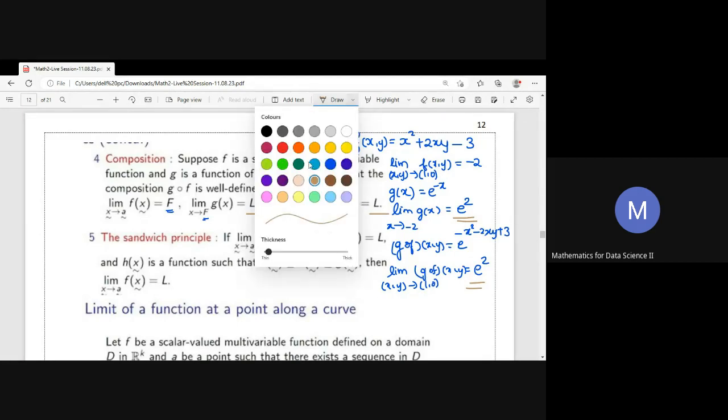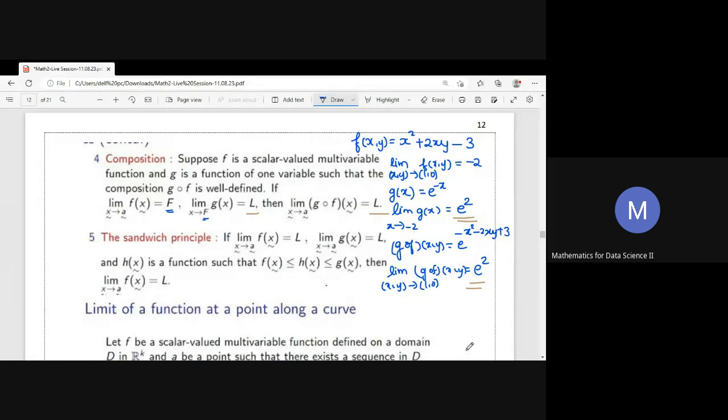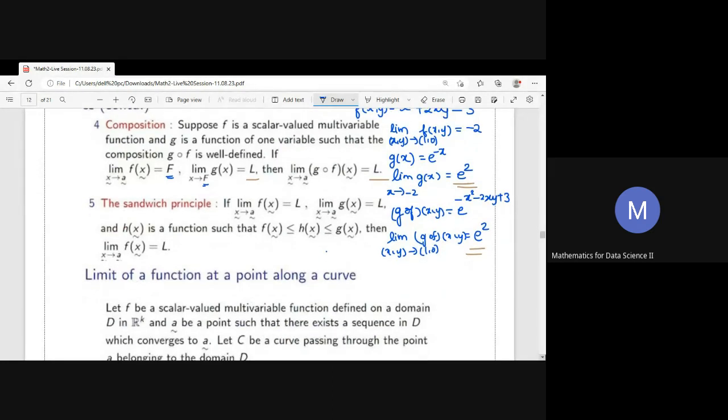And the sandwich principle is very much the same as the one you have used previously. So if f of x tilde is less than or equal to h of x tilde, which is less than or equal to g of x tilde, then the limit as x goes to a of h of x tilde is equal to L. Here it is h.